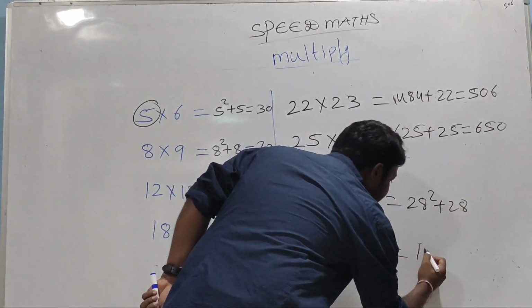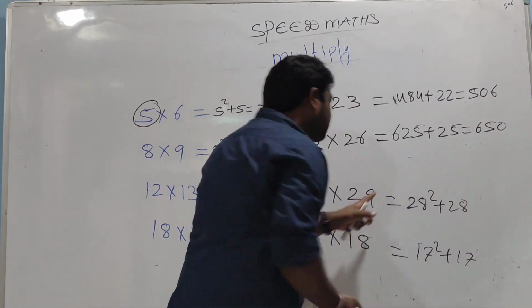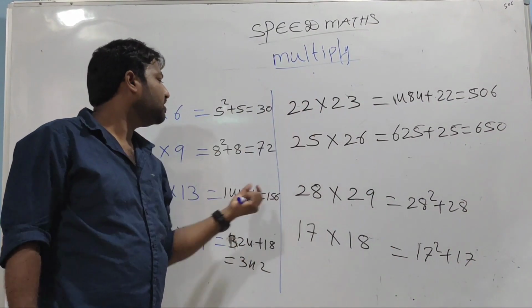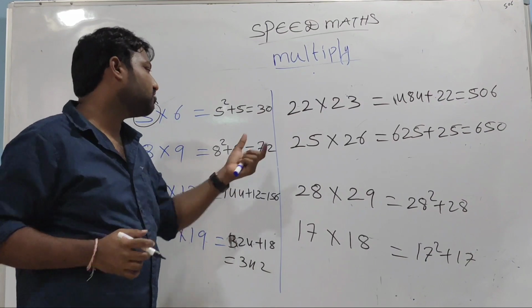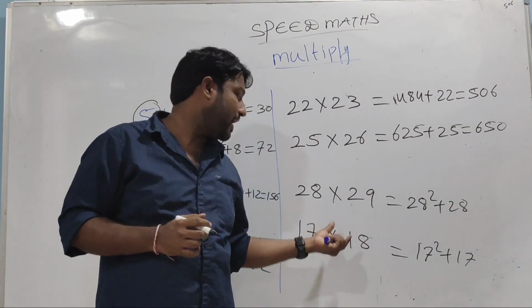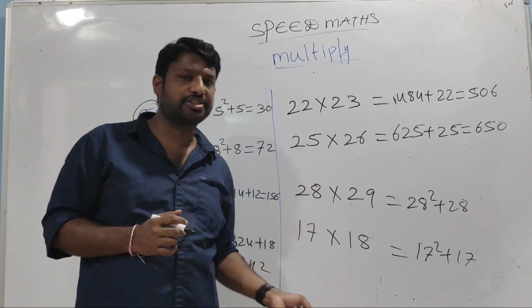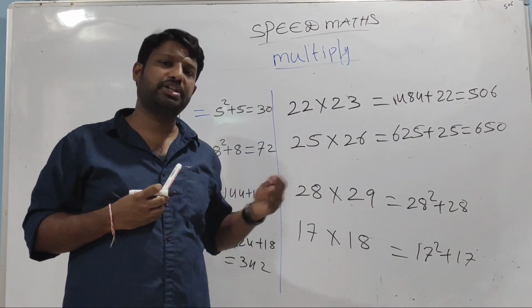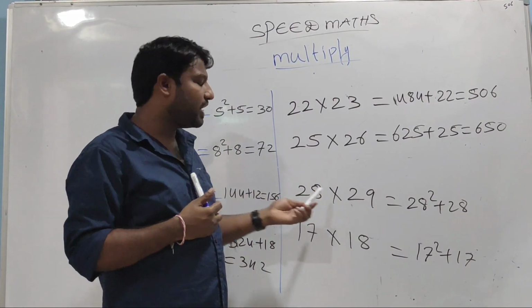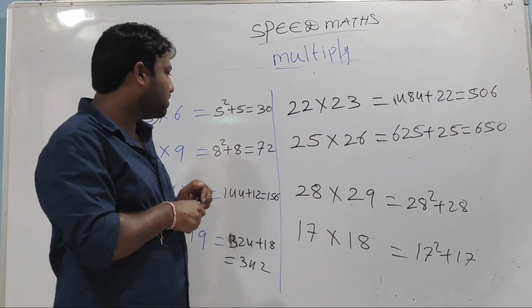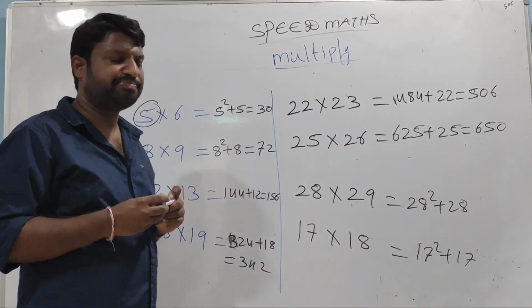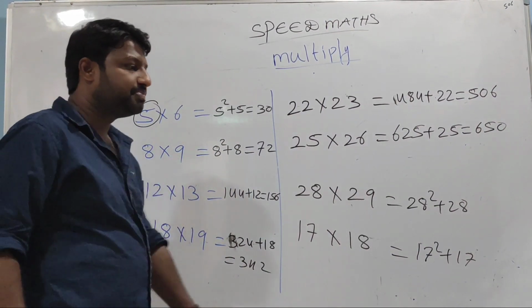Similarly, same thing directly. 17 square plus 17. So do these two problems. So directly, if consecutive terms are there, you square that number and add that number. So try to remember 1 to 30 squares. Then you can write directly. Or if you want to do directly, that also will tell you. But try to remember squares 1 to 30. Okay. Next.